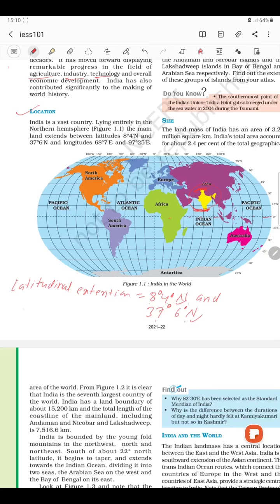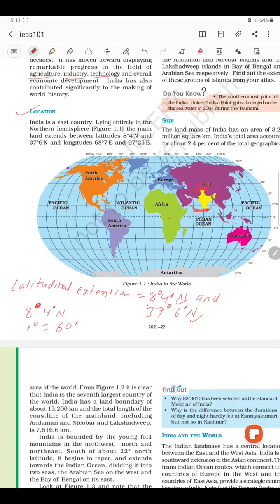This is read as degree, and this inverted comma is read as minute. Also remember that 1 degree equals 60 minutes. Clear?